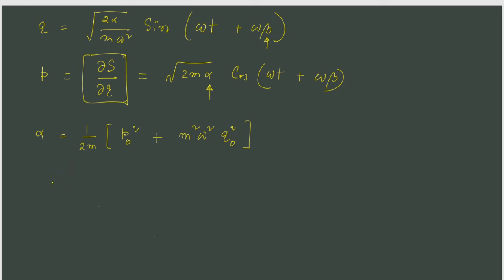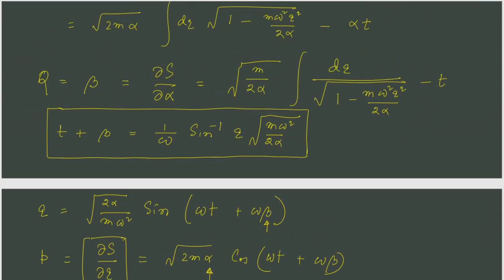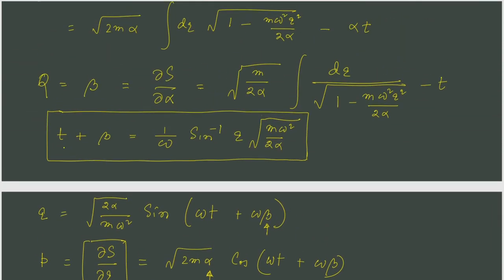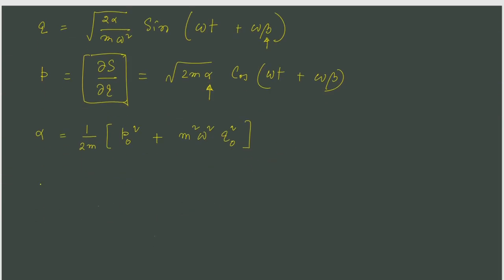Now beta is again, if you go back and look at this, at t equal to 0 in this equation, on the right hand side, q becomes q naught. So what we have is beta equal to 1 by omega sine inverse q naught, and then root over m omega square by 2 alpha, which gives us essentially again that. Of course, one can get this from the first equation here.